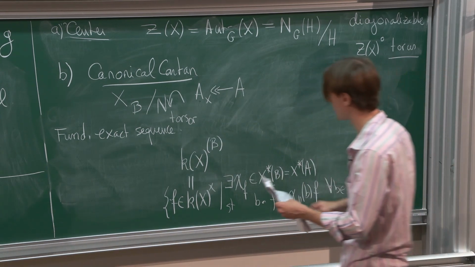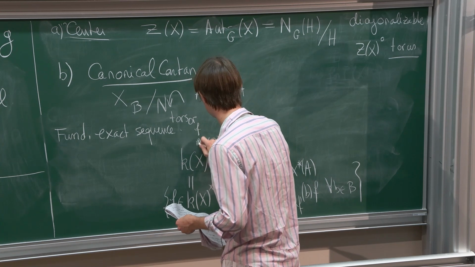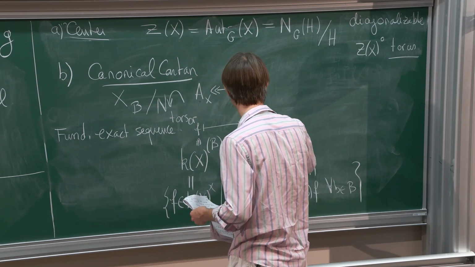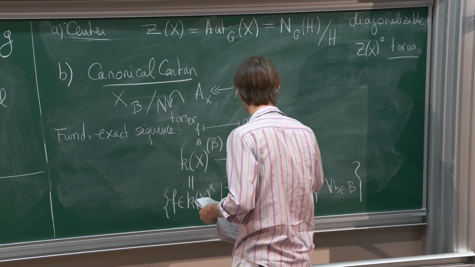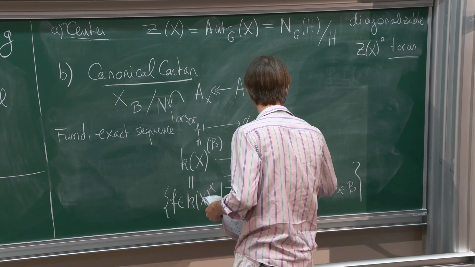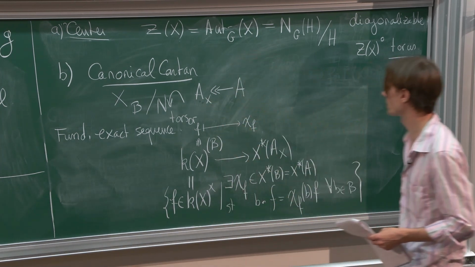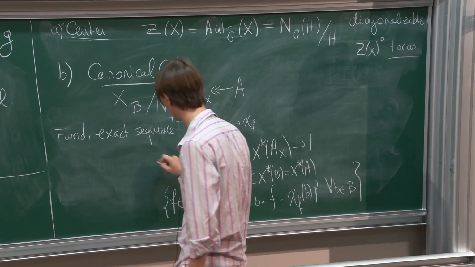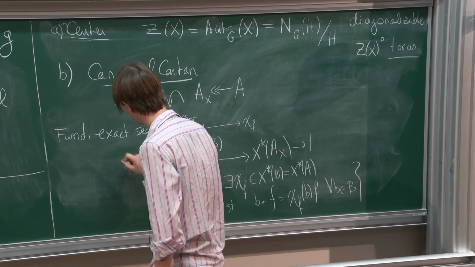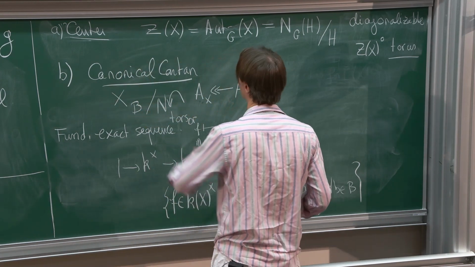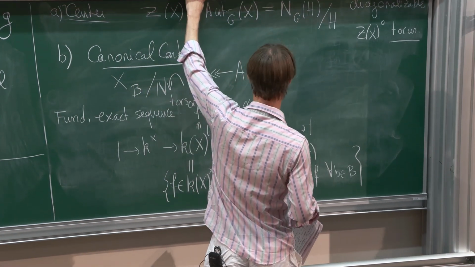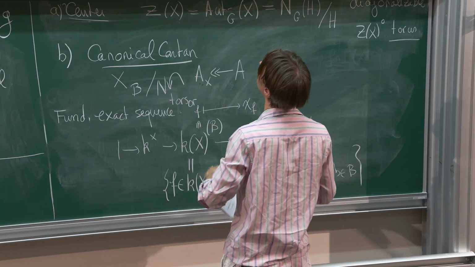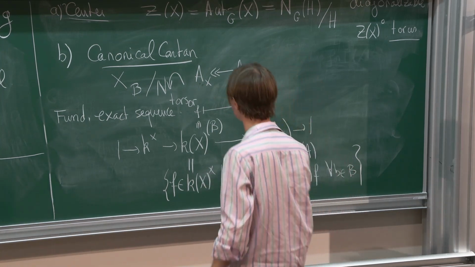So we can now take f and look at the associated character chi_f, and it turns out that the image is the group of characters of that canonical Cartan A_X. And the kernel is, of course, the subgroup of constant functions.